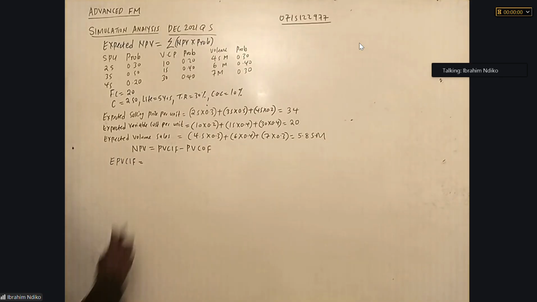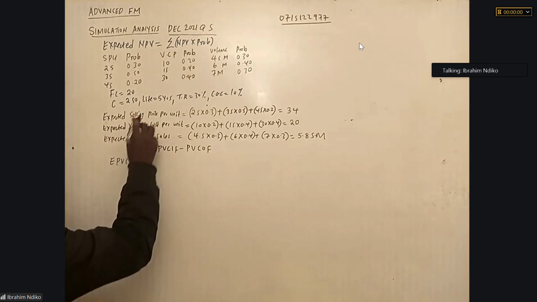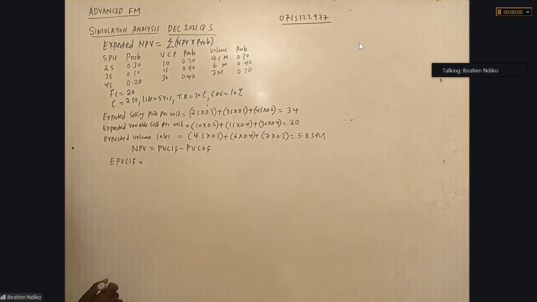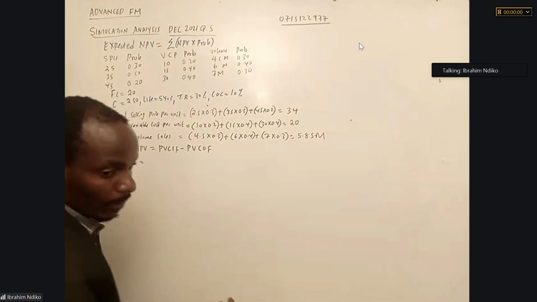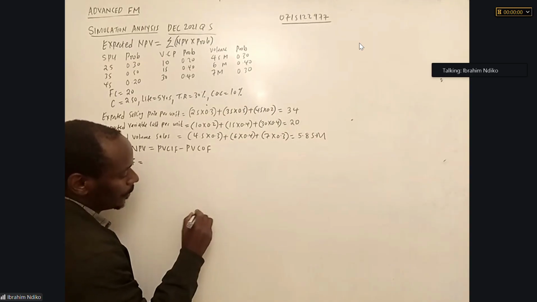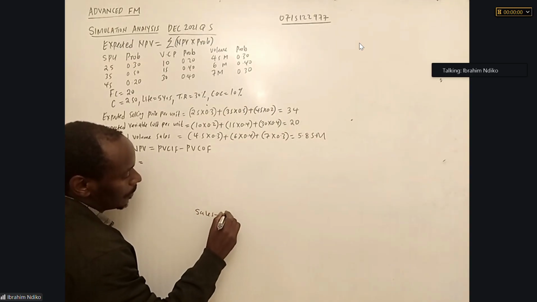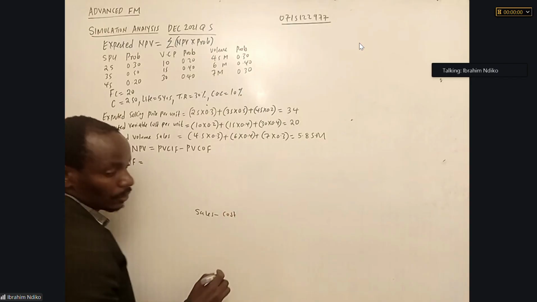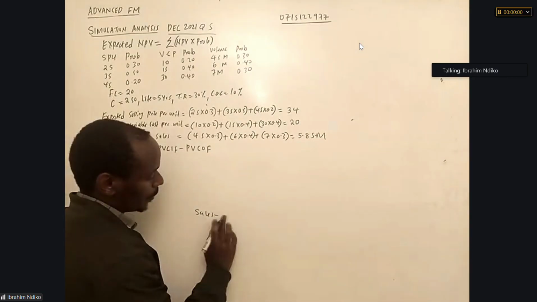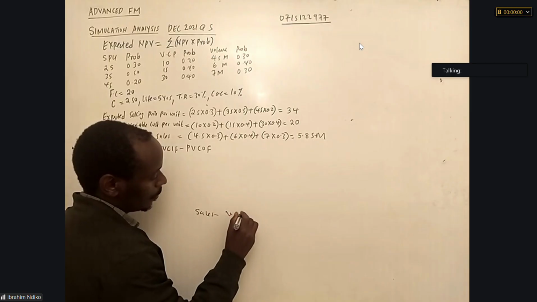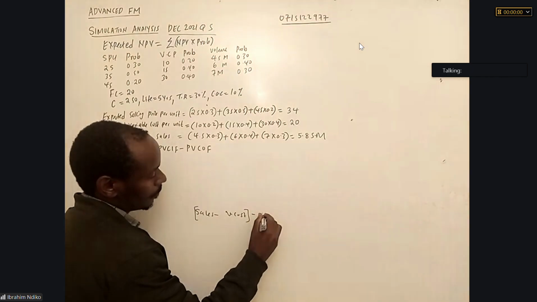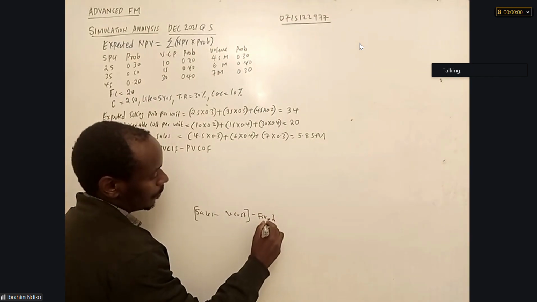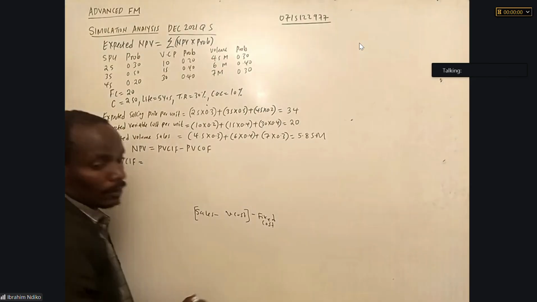We are going to use the expected values. And remember the format: you take sales minus the variable cost, then we subtract the fixed cost. Is that right?